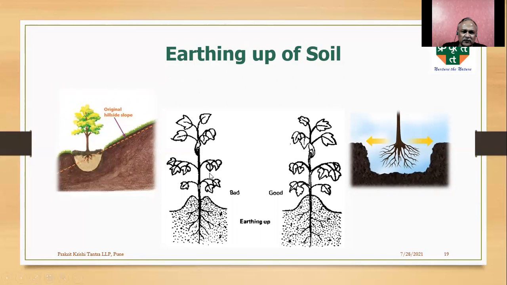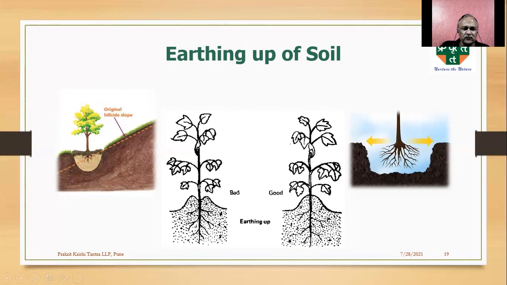But if it is small seedlings of the seasonal crops, then also after transplanting, after some time, you have to do the earthing up of the soil. If you don't do that, a cavity type of depression is here, and whenever you water, the water will collect here and percolate down here.